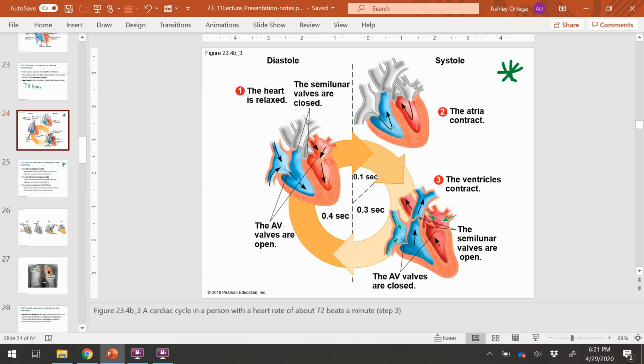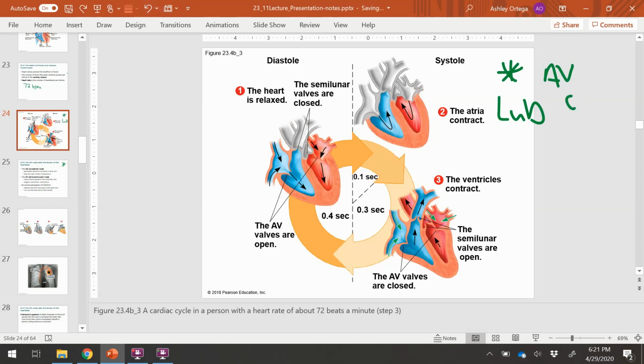And if you're wondering about the rhythmic beat you hear from hearts, the lub-dub sound, during the contracting phase here, when those AV valves close, that will be the lub sound. That's the result of AV valves closing in between the atria and the ventricles.